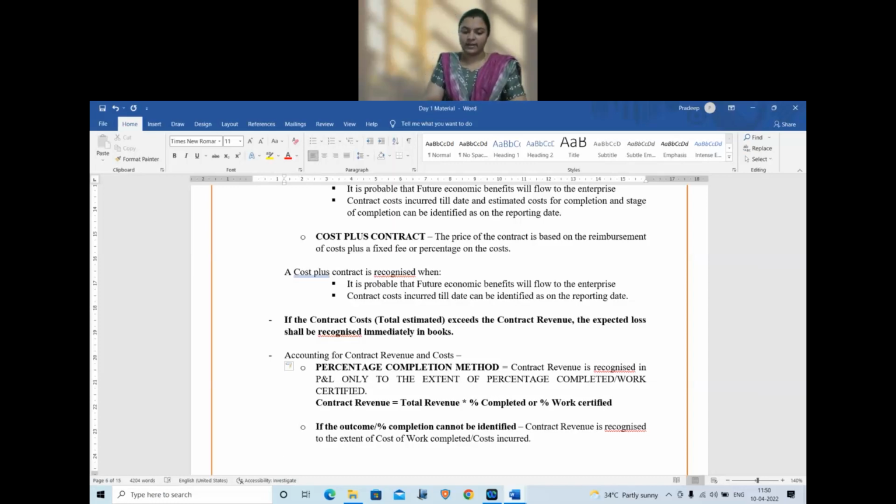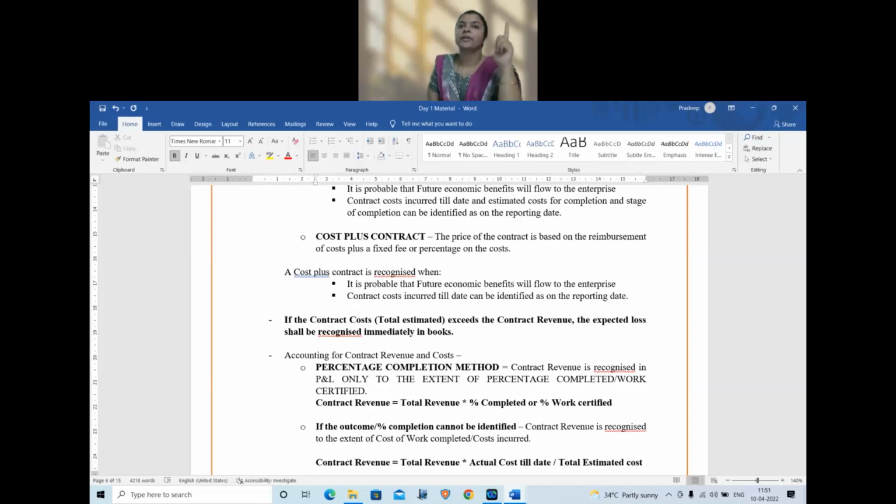If that is not available, contract revenue for the period is equal to total revenue into actual cost incurred till date divided by total estimated cost. So rule number 1, percentage completion. Not available, go to rule number 2. Two rules, is it clear?